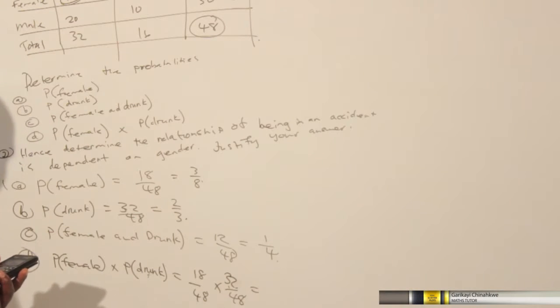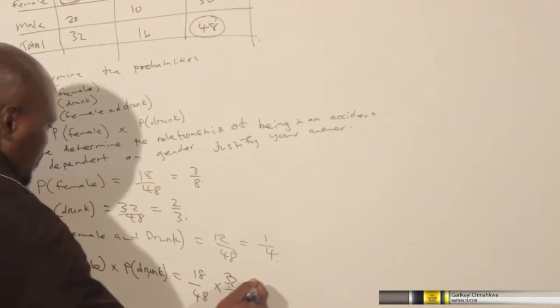So it's 18 times 32 divided by 48 squared, which gives us 1 over 4.